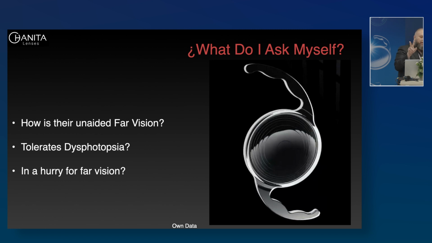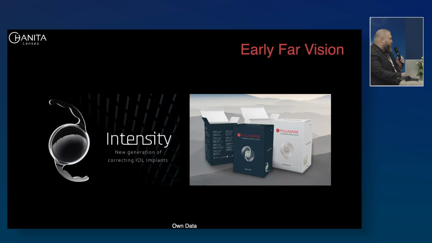The far vision takes a couple of weeks. So if they have really good far vision to start with, I take that into consideration. Second, whether they tolerate dysphotopsia and whether they are in a hurry for far vision. I've had some patients who need really early far vision. They don't have the time to neuroadapt to the intensity lens.